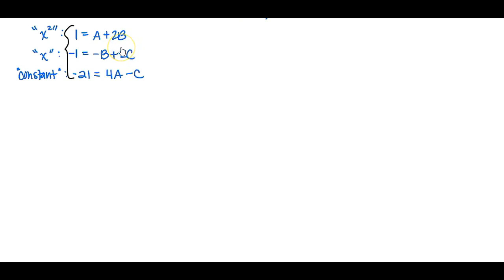There's a lot of different ways to solve systems of equations. What I'm going to go ahead and do here is try to create a system of 2 equations with 2 unknowns. So I have this top equation here. It looks really easy for me to isolate a. I can just subtract 2b to the other side. So I'm going to write a is equal to 1 minus 2b.